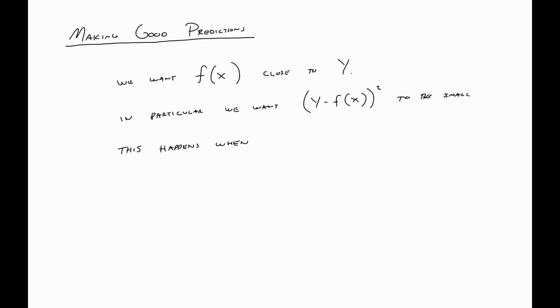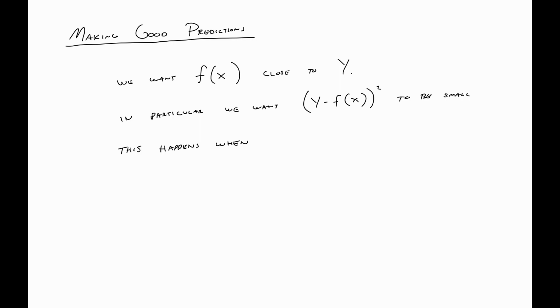Okay, so what we want to do is make good predictions. So for our predictions to be good, we want the signal that we learn, or just the signal in general, to be close to y. That's a distinction that might be confusing for a second, but we'll ignore it. So what that really means is we want some way to measure a difference between those two things to be small.